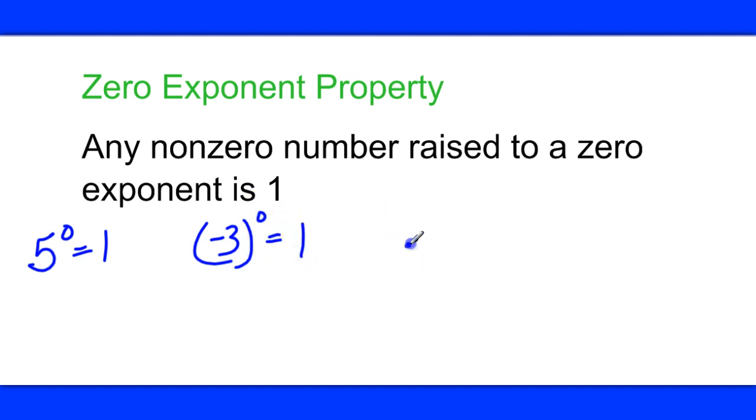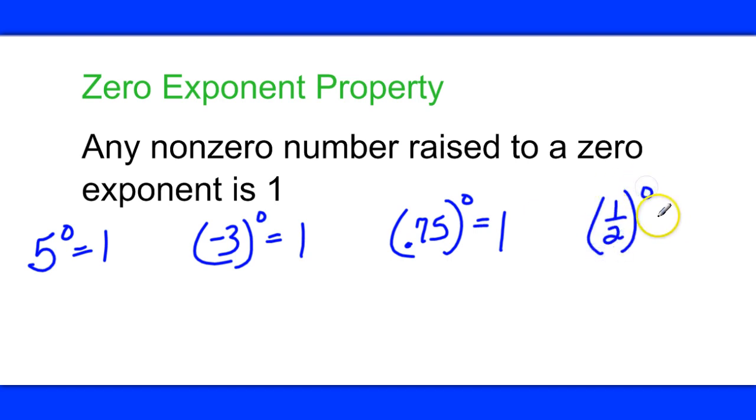And 0.75 to the 0 power is equal to 1. And 1/2 to the 0 power is equal to 1. So any non-zero number raised to a 0 exponent is 1.